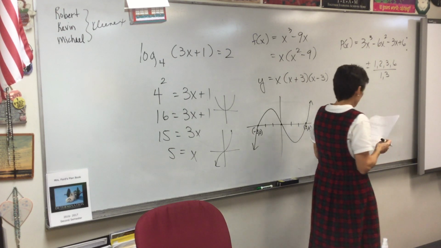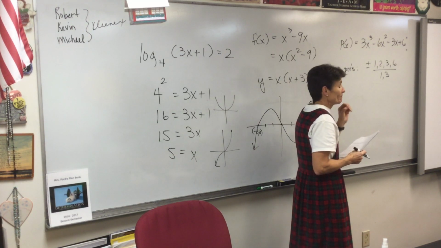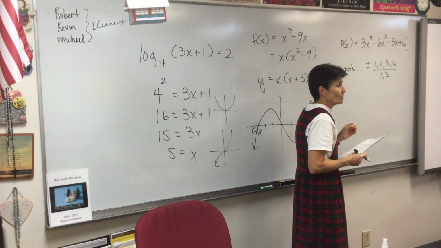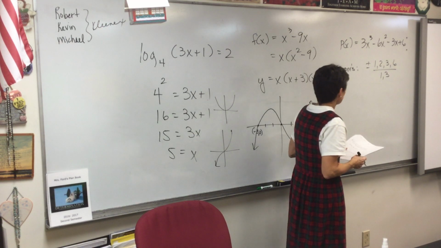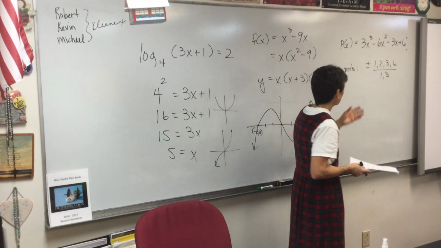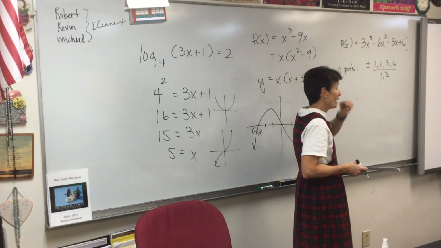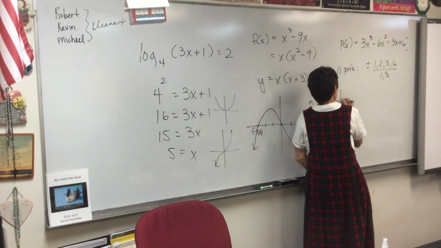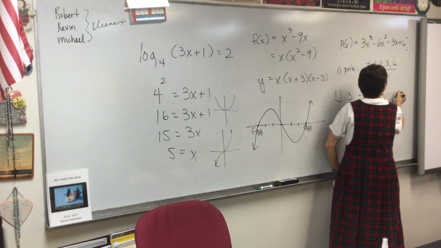Okay, now it says find the roots. So what do we need to do if we have to find the roots now? We start guessing and checking, right? I like to start with 1 because it's the easiest number and it's always an option. But you don't need to start with 1, but since I'm the one up here doing it, I'm going to start with 1 and see what happens.